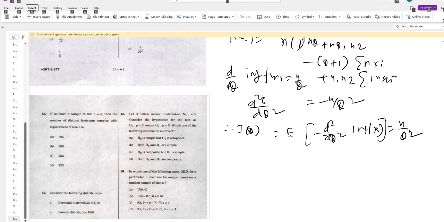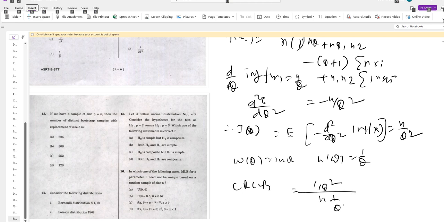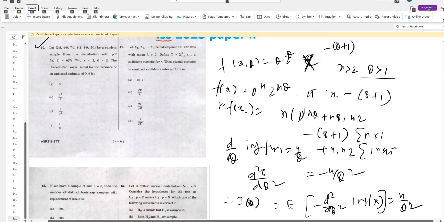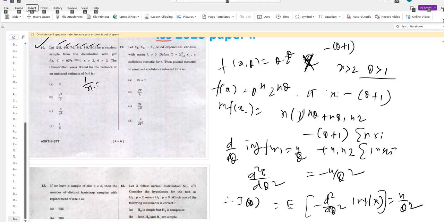This thing, so 1 by theta, so Cramer-Rao lower bound will be 1 by n, that is 1 by 6. Six values, so 1 by n, 1 by 6.